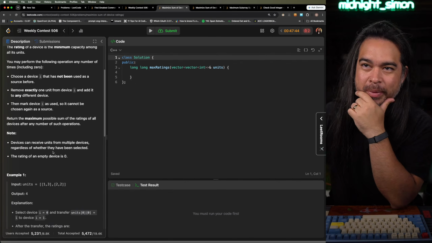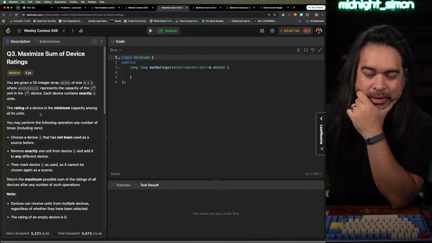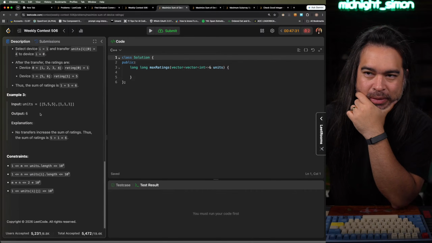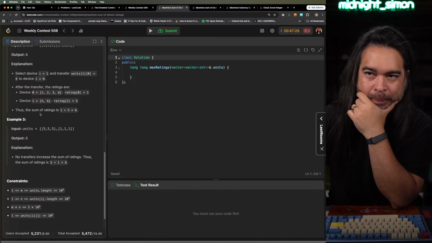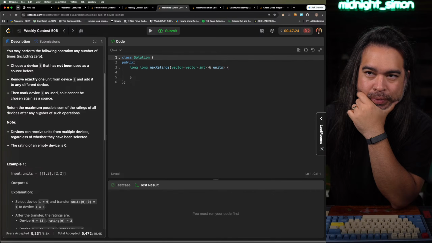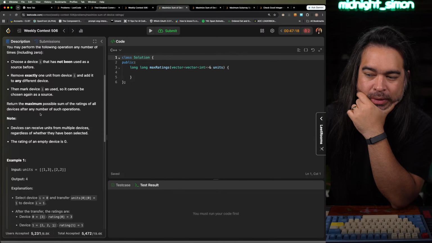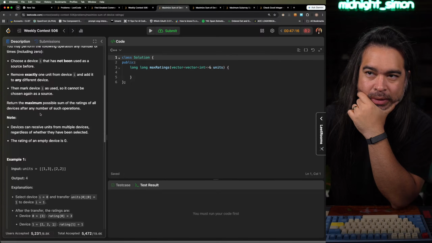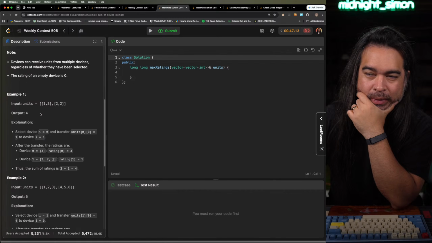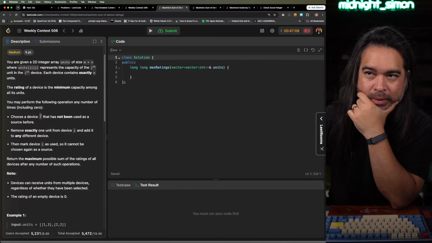Let me read it one more time, man. Minimum capacity among all its units. I see, I see what they're saying. So they say we can just move things around, and we can move anything around anywhere.